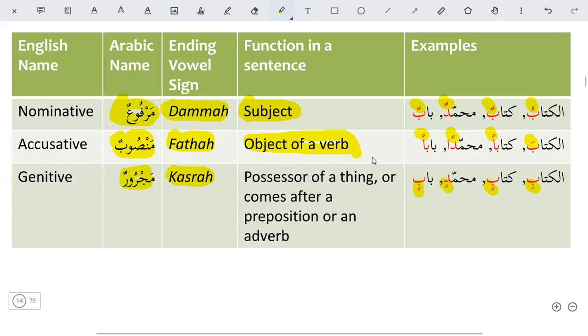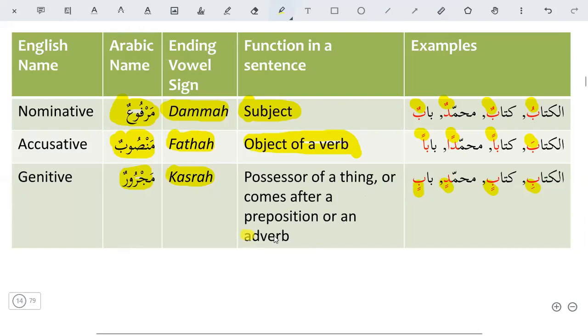And it ends with the fatha. And the third case is the genitive case, majroor. The ending vowel sign is kasra, and it is the possessor of a thing, or comes after a preposition or an adverb.